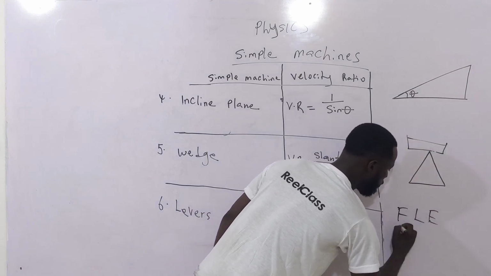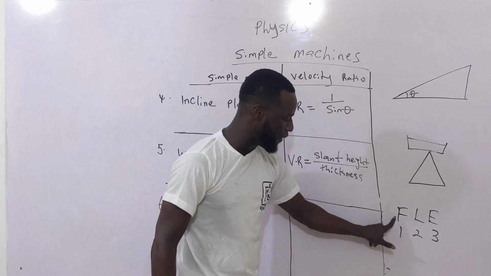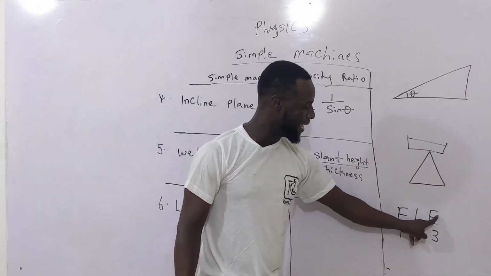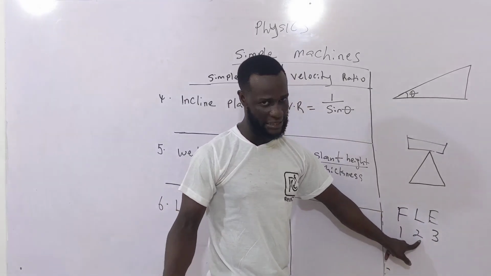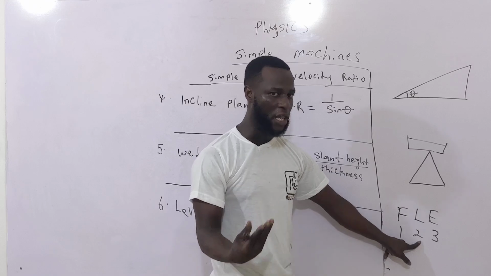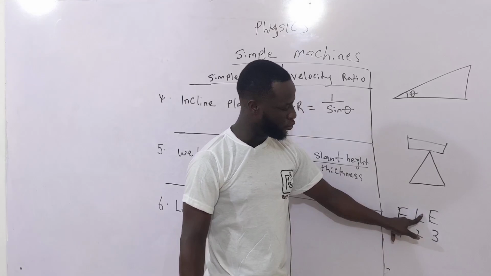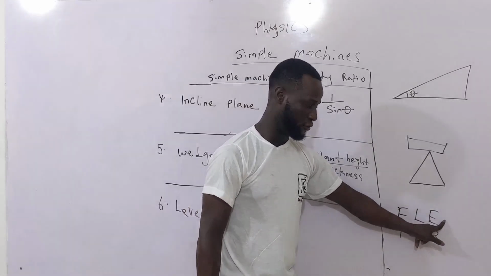F-L-E, 1, 2, 3. So for first class lever, we have fulcrum at the middle. What will be at the ends? Load and effort. For second order lever or second class lever, remember I told you the order or class can be used interchangeably. Load is at the middle, and what are at the other ends? Fulcrum and effort.